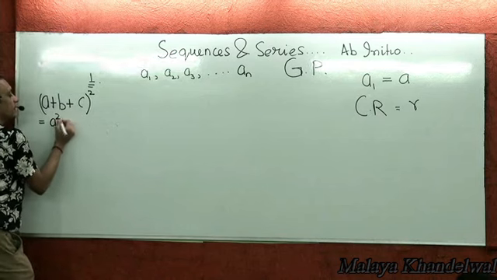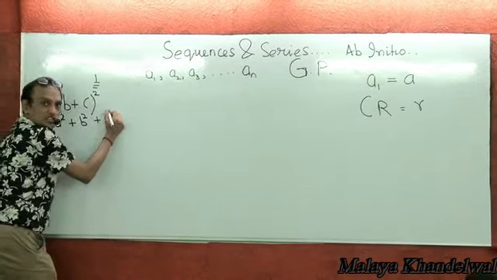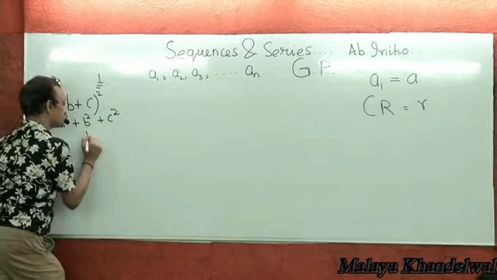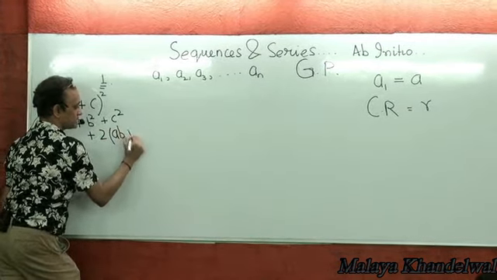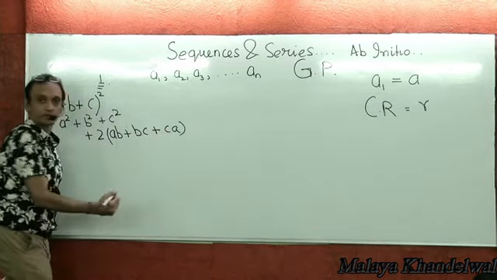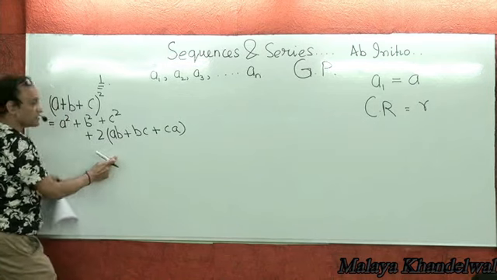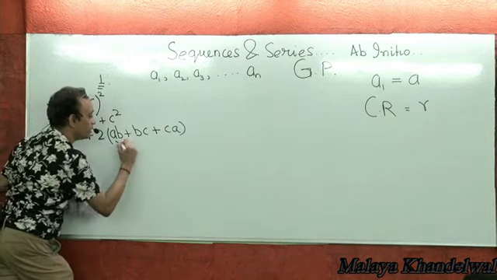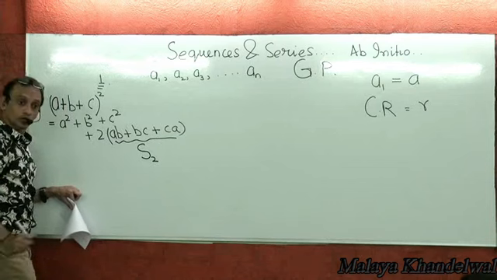One is A squared plus B squared plus C squared, right? That's one kind of term. The second kind of term is twice AB plus BC plus CA. That means this would be the sum of the product taken two at a time, which is A squared plus B squared plus C squared plus twice S2. Let me call it S2. S2 would mean sum of the product taken two at a time.